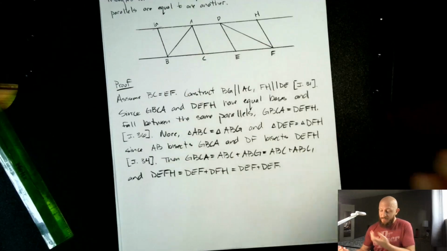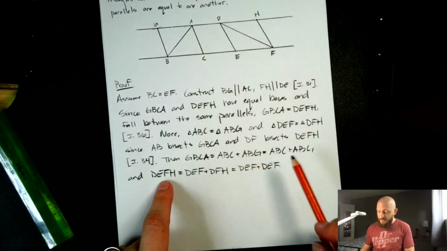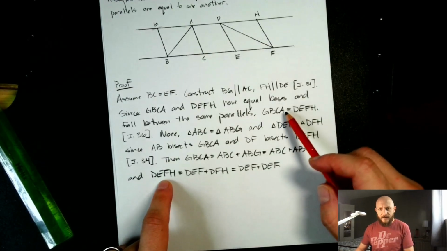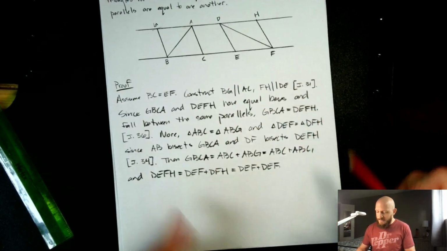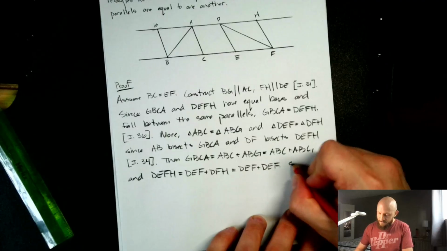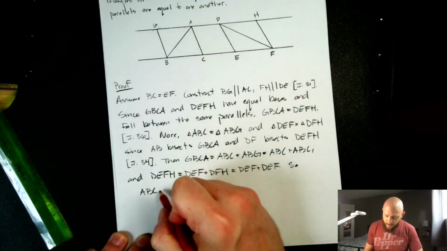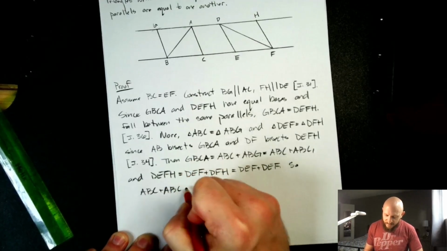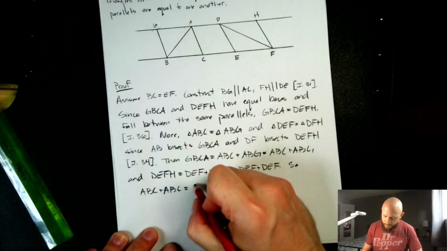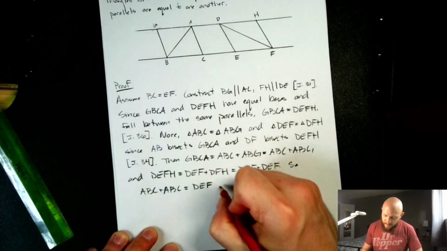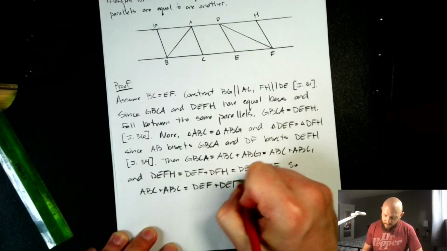And then we've already stated that these two parallelograms are the same, GBCA is equal to DEFH. So ABC plus ABC equals DEF plus DEF.